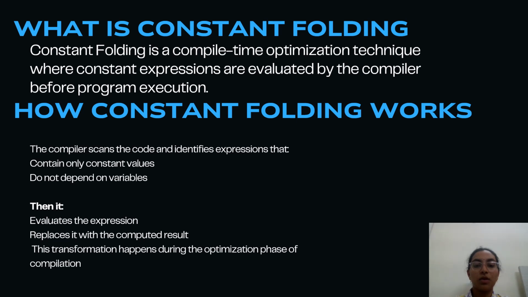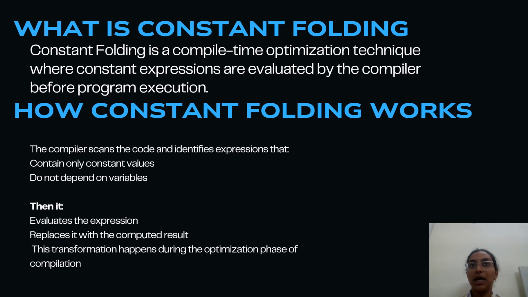So let's see what constant folding is. Constant folding is a compile time optimization technique where the compiler executes constant expressions before the program runs. In simple terms, if there is a calculation in the code that involves only constant values, the compiler computes it in advance.